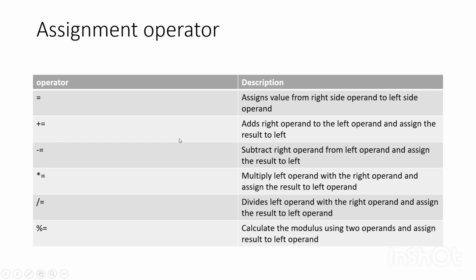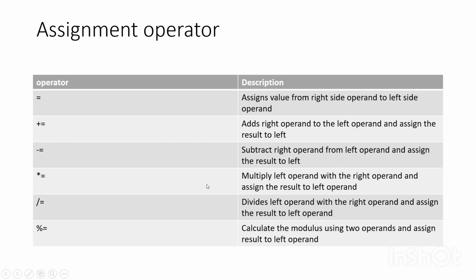Plus equals to adds the right side operand to the left operand and assigns the result to the left. Minus equals to subtracts the right side operand from the left operand and assigns the result, that is the final output, to the left side operand.